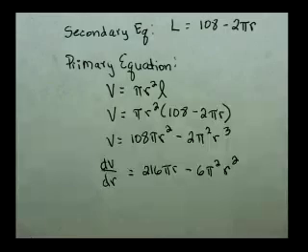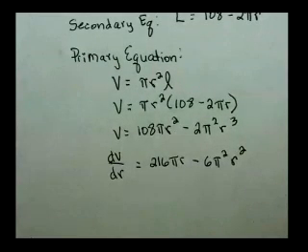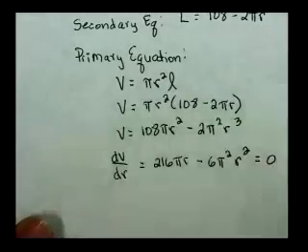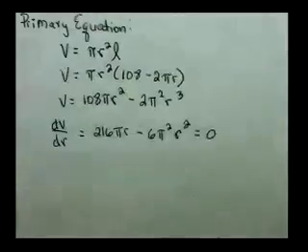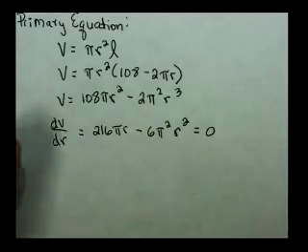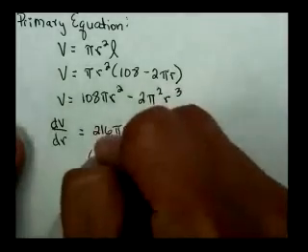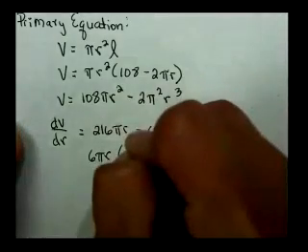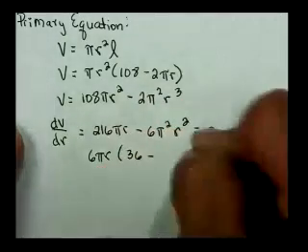All right, now what are we doing? Now we set it equal to 0, and we're looking for the critical points. So we could factor a 6 pi r out of both terms. That would leave us 36 minus pi r.